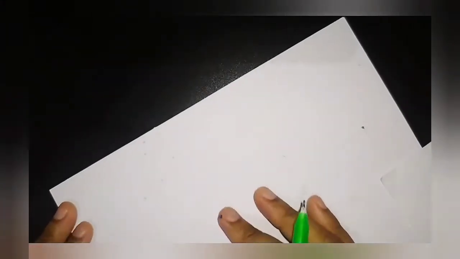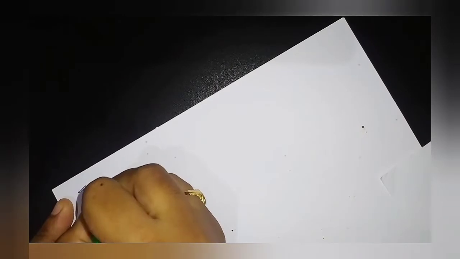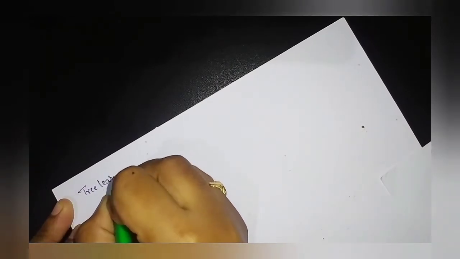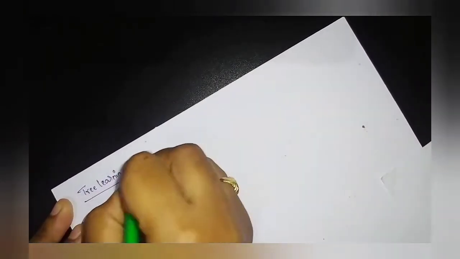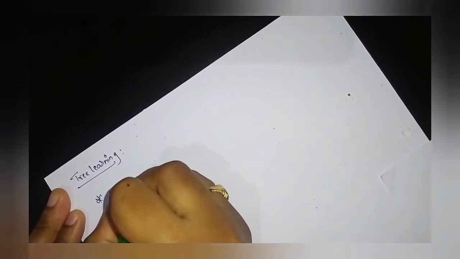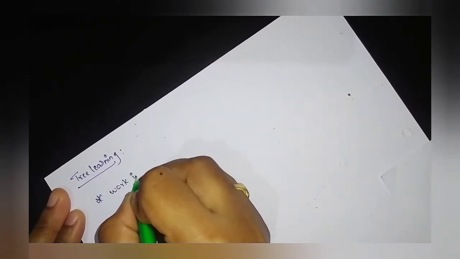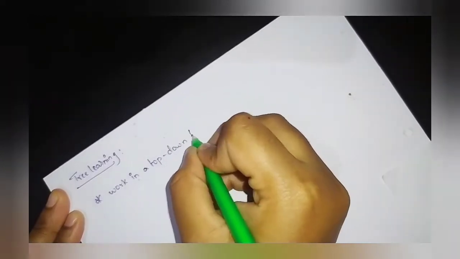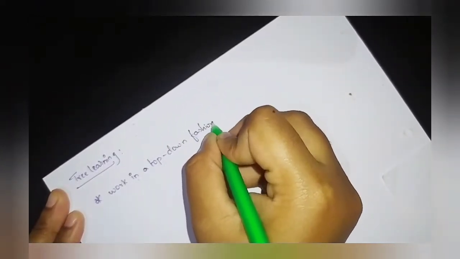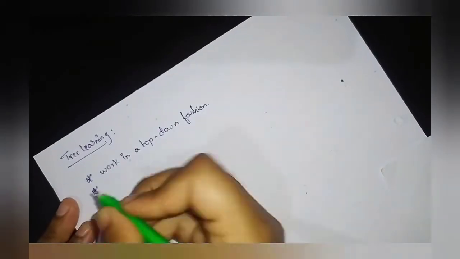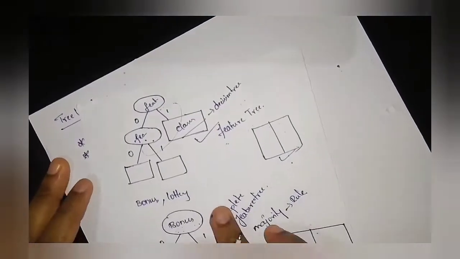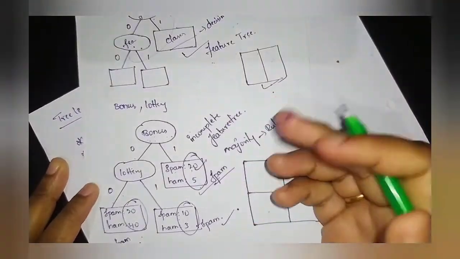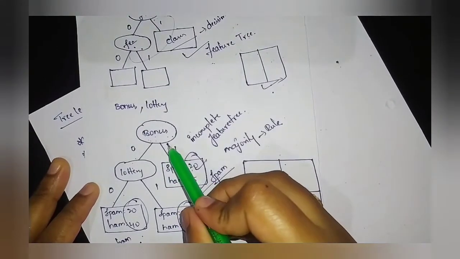So that is the first point. In tree learning, firstly, we work in a top-down fashion. Next, the first task, as I already said, is that we find a good feature.